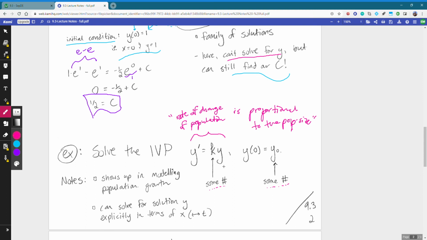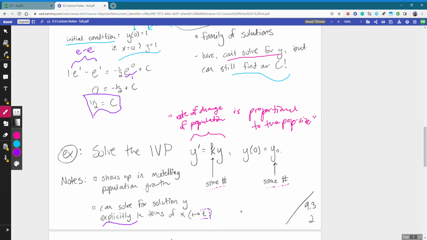And more than just getting an implicit equation, we can actually solve explicitly for our function y in terms of our input variable. And usually, if we're thinking about this physically, we'll use t to represent that input variable, to think of that input as being time, so population varying with time.